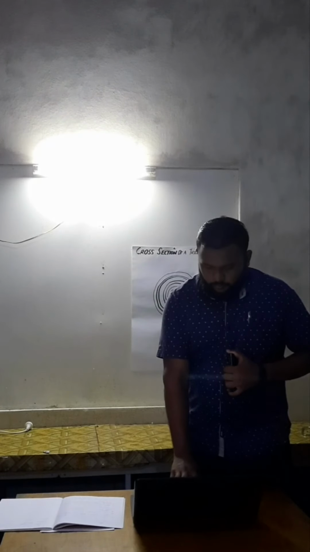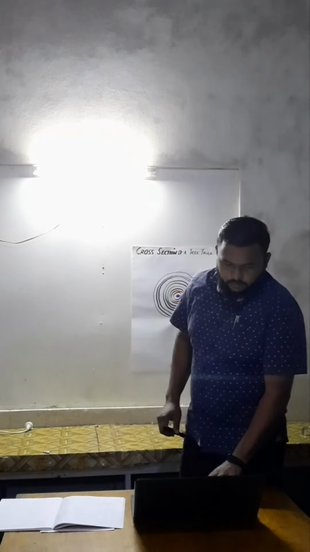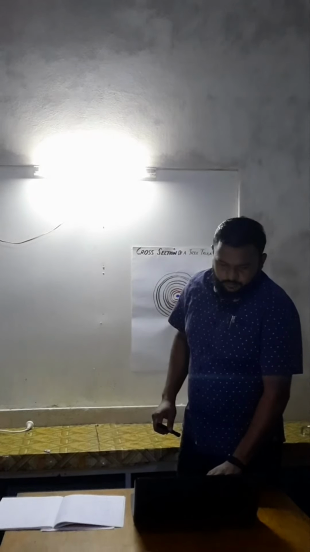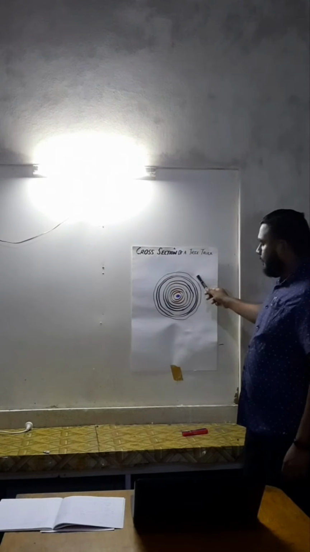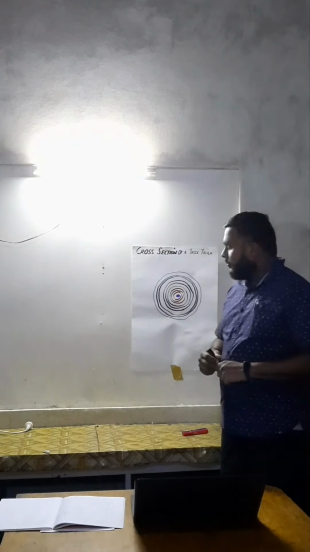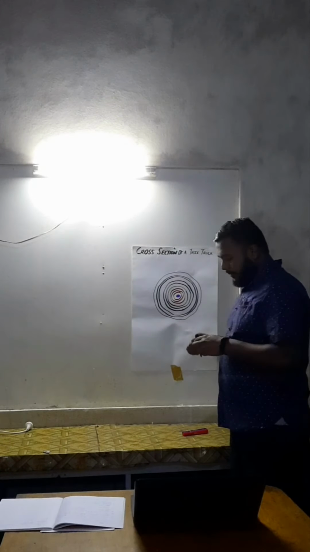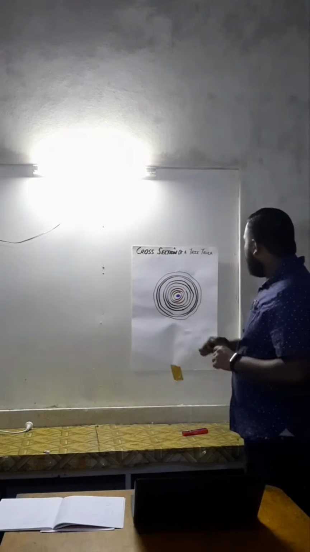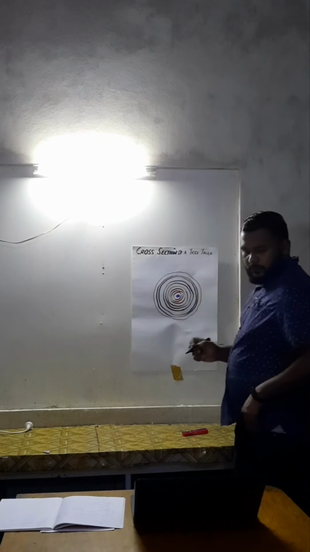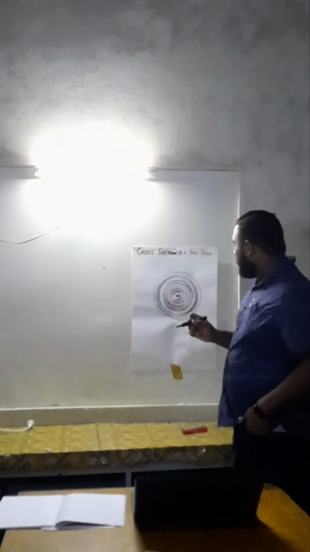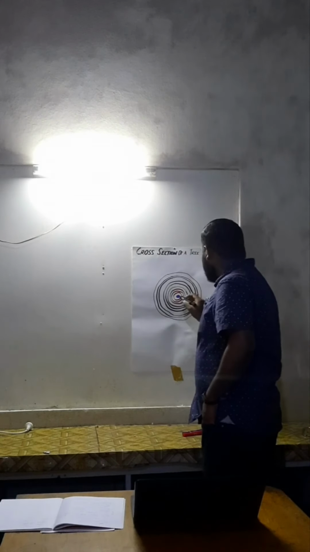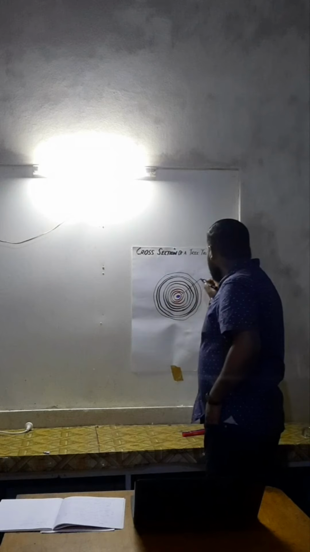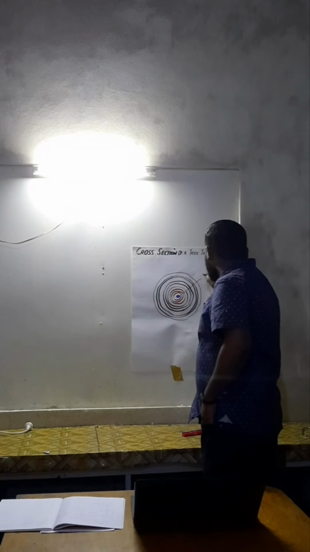Now we'll be moving on to the cross section of a tree. As you can see, we have a cross section of a tree trunk here. I will be labeling some of the parts, such as the annual ring and the hardwood. So firstly, this blue part over here is known as the pith.